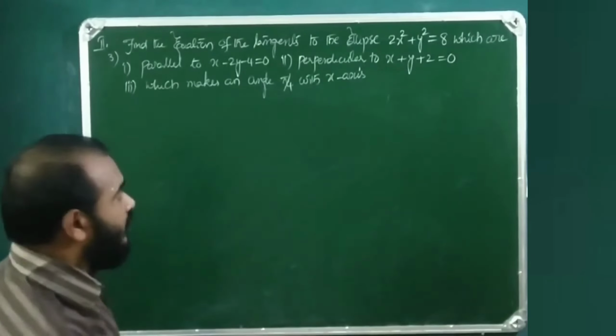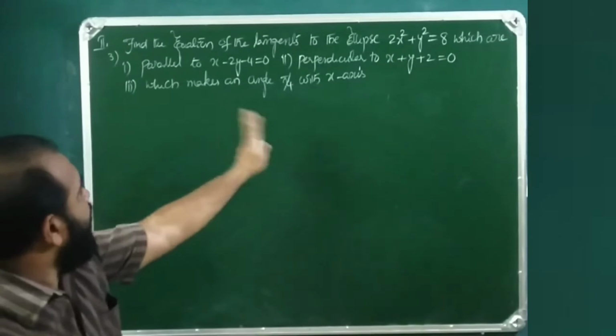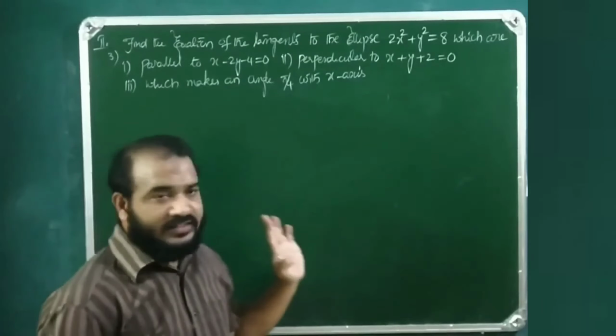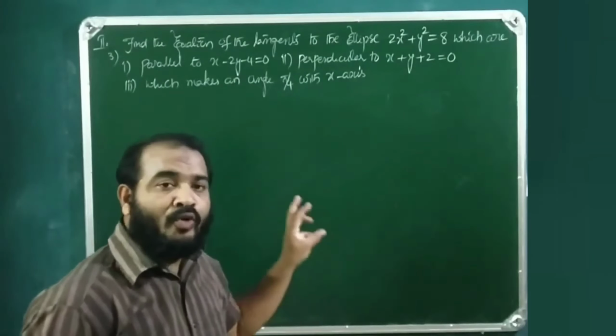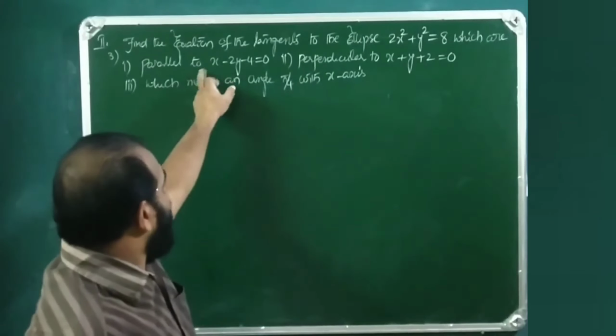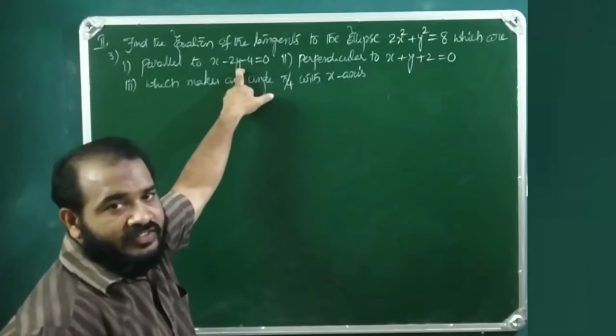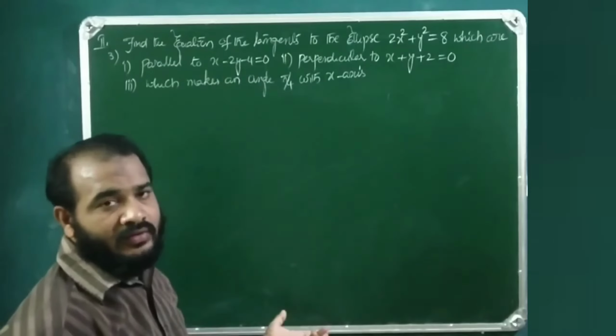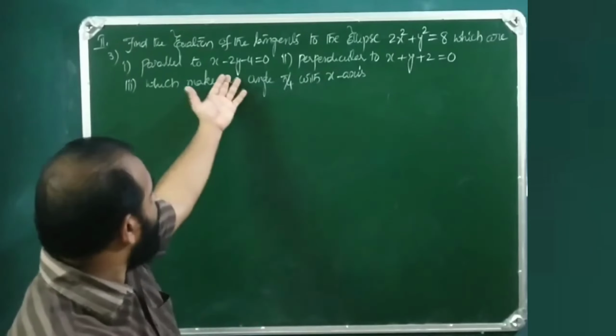Alpha is given here. Since parallel, perpendicular, and angle is given, we have to proceed through the slope, because the line ax plus by plus c equals to 0 is given, we can get the slope.